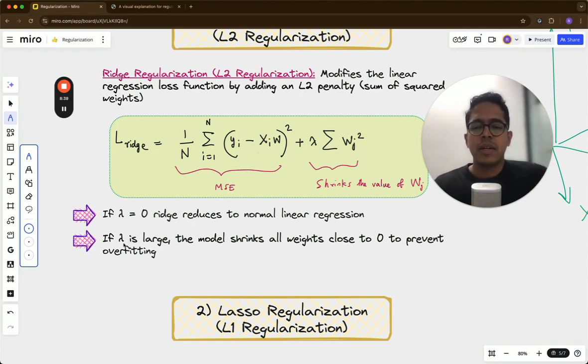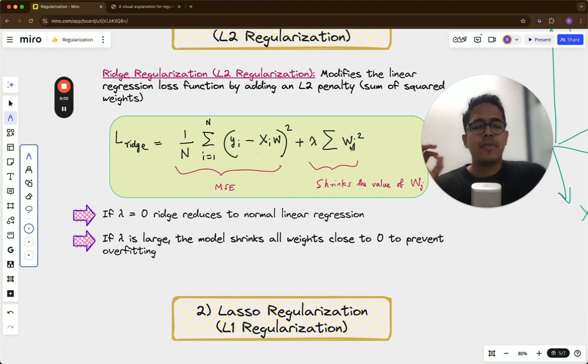But now think about the case where lambda is large. If lambda is large, the net loss function is the mean squared error plus the penalty term. The only way to keep the sum total of mean squared error and penalty term small is to shrink the value of these weights.